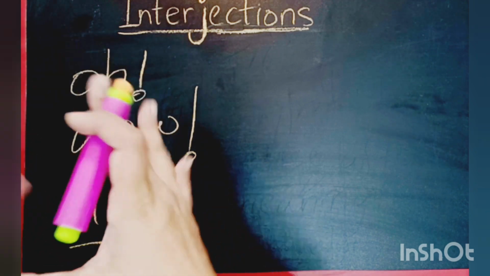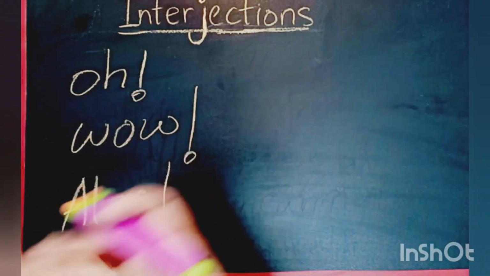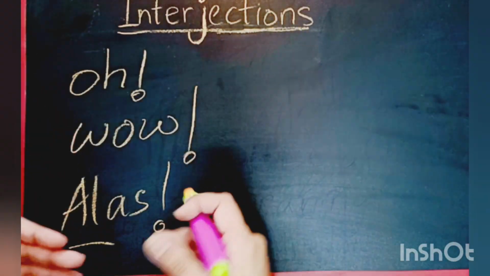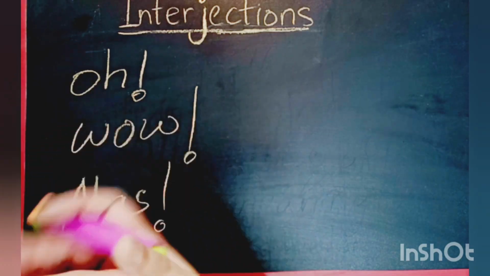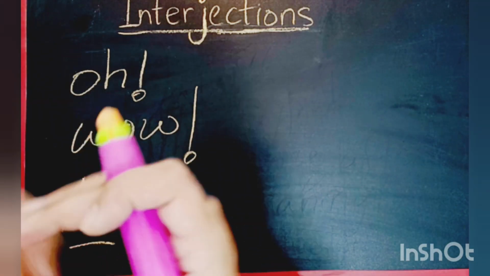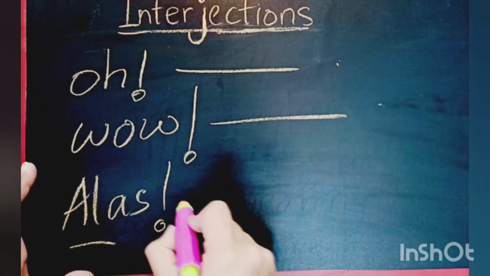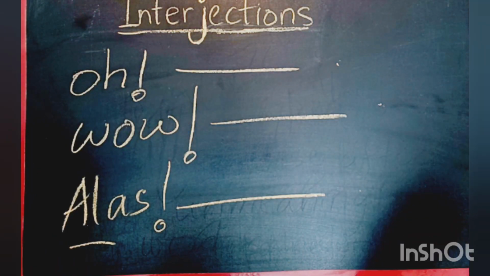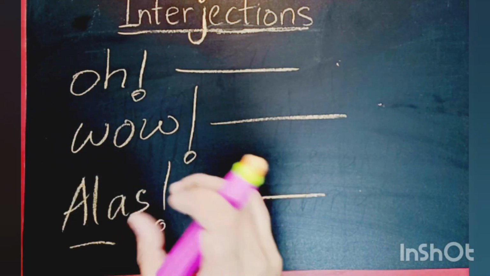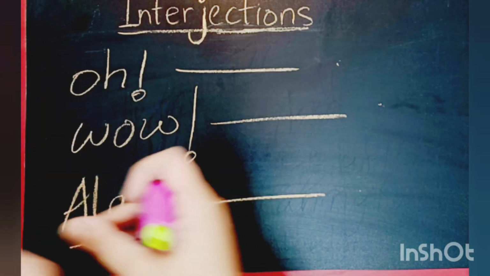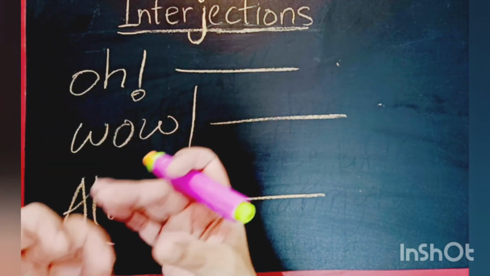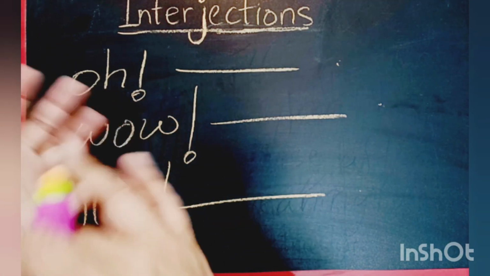Alas is used in negativity, and wow and O are often used in the sense of positivity, or happiness. Alas is used for disappointment or sadness, or negativity.